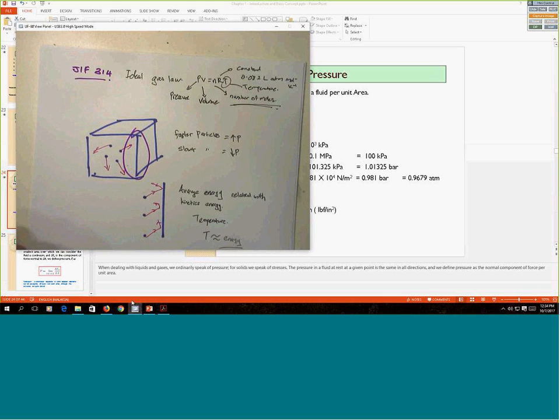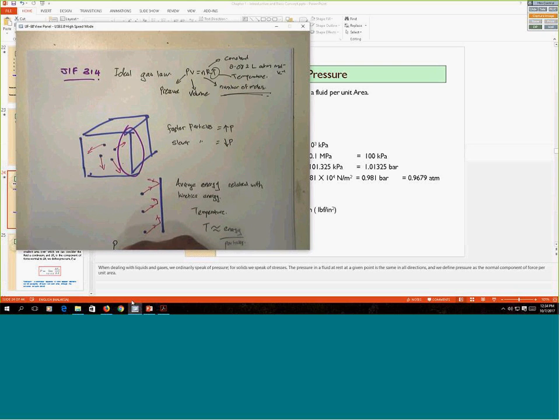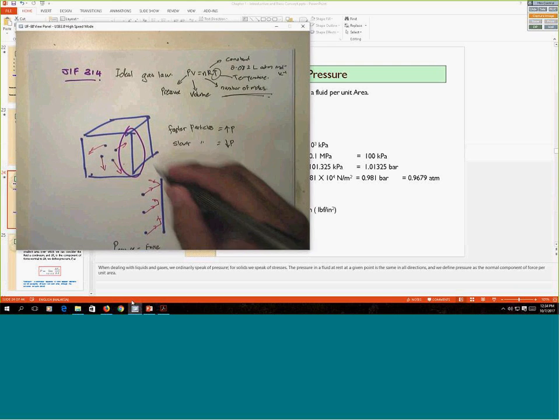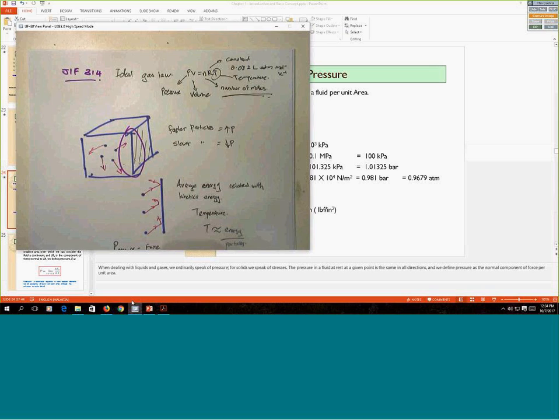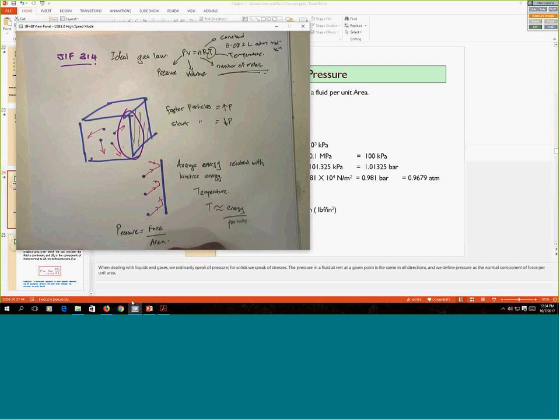We have it as a cube right now. When particles hit the wall, it will develop pressure. That's why you have pressure equivalent to force over the area, so P equals F over A.